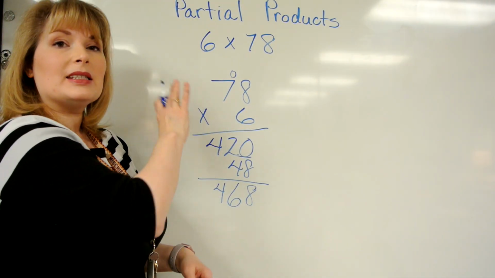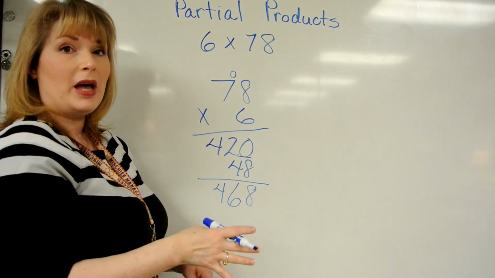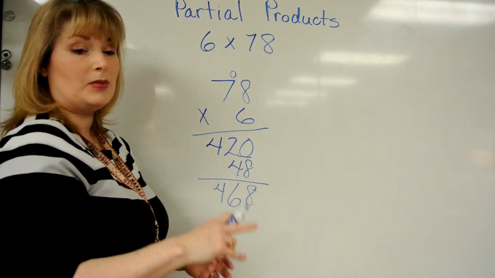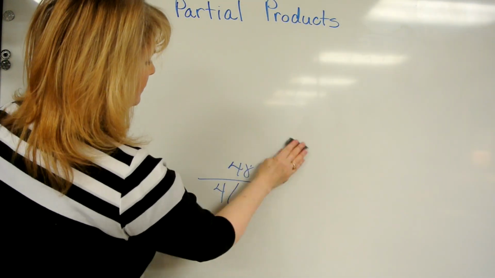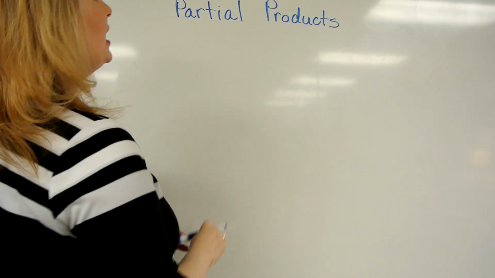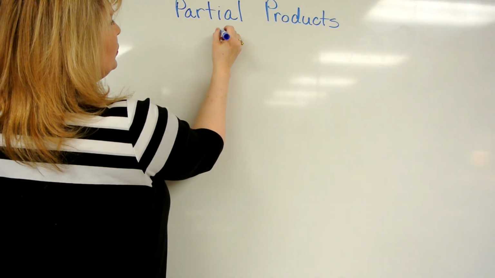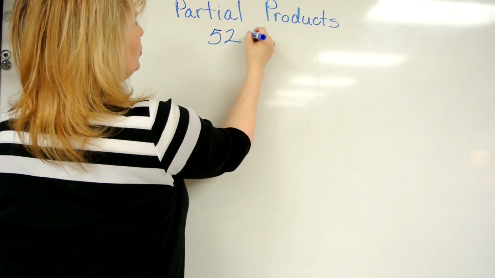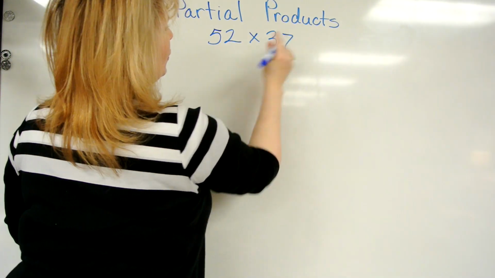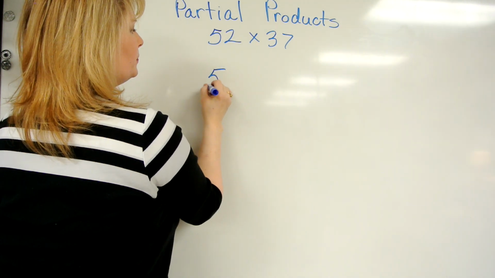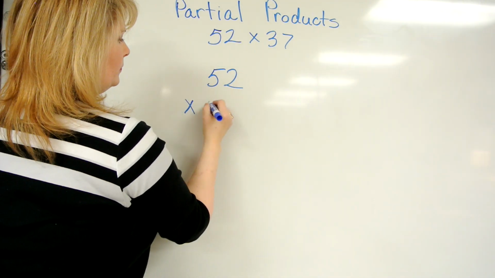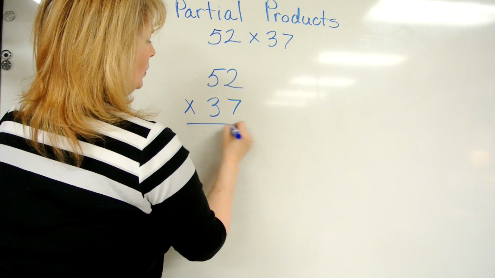Now I will say this gets a little bit more complicated when you're doing double digit times double digit, which I'll do one of those now. And I'm going to use the same problem I used for the last problem. I'll do 52 times 37. So we would write it the way you're used to. All right.